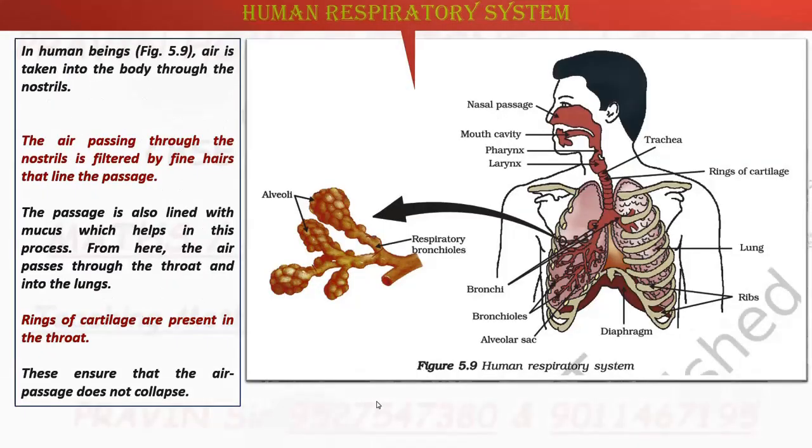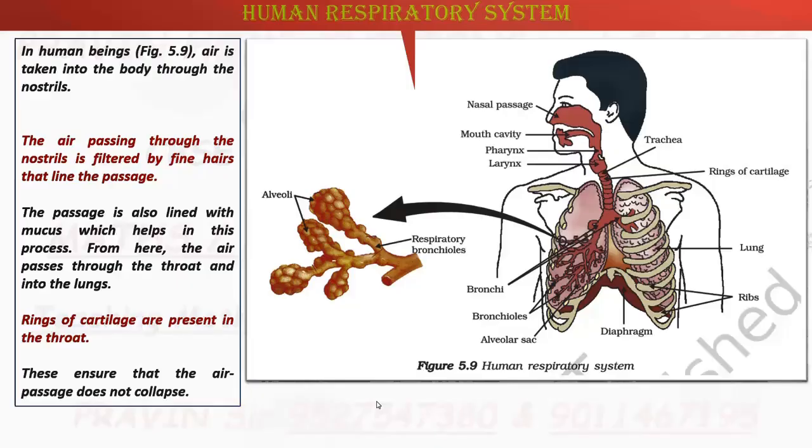The third part is the pharynx. It is a passage behind the nasal chamber and serves as a common passageway for both air and food. It has a flap-like structure which is called the epiglottis. The epiglottis prevents the entry of food into the windpipe.